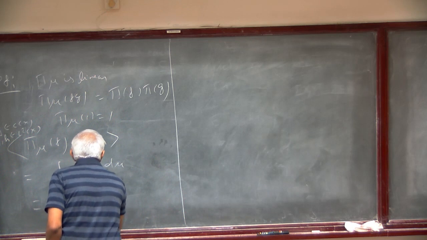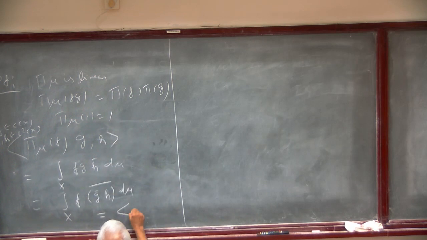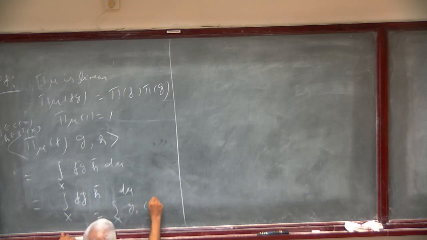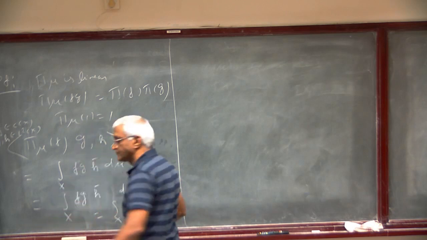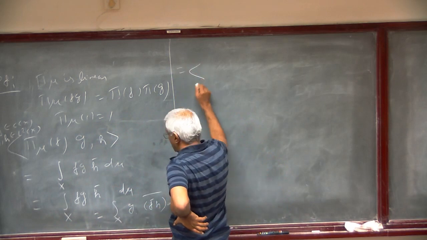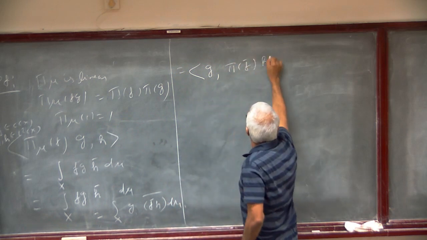It's all commutative, it's all functions, so it is the integral of g f-bar h-bar. I've just written the same thing, which is equal to the inner product of g with π(f-bar)h.